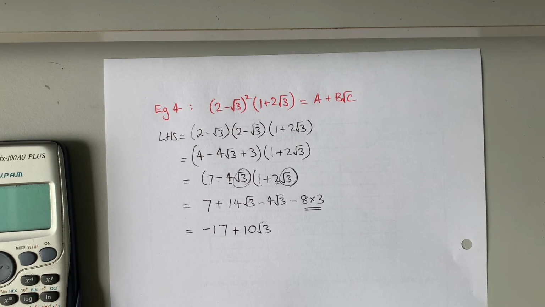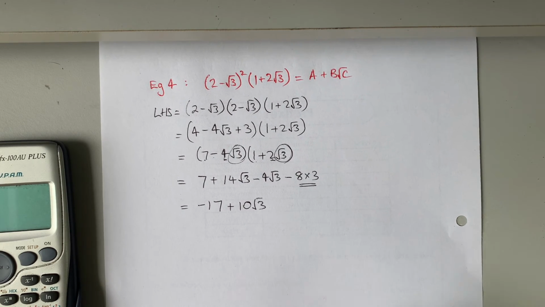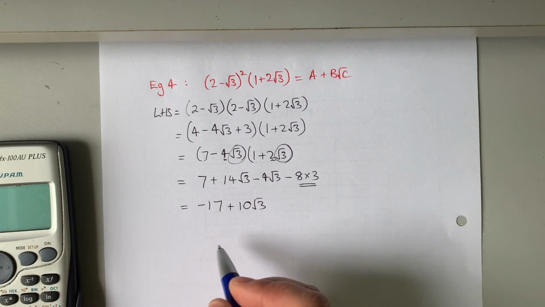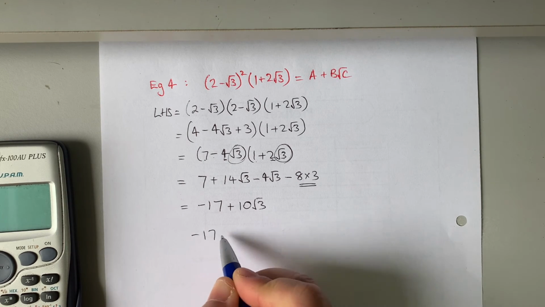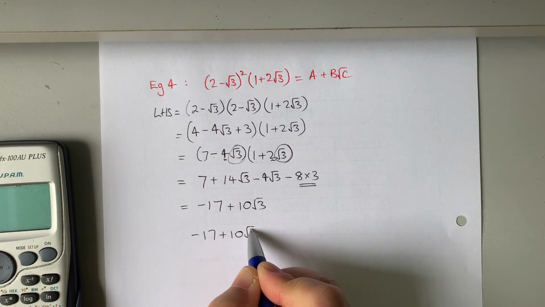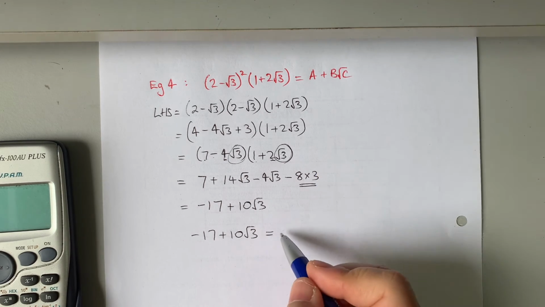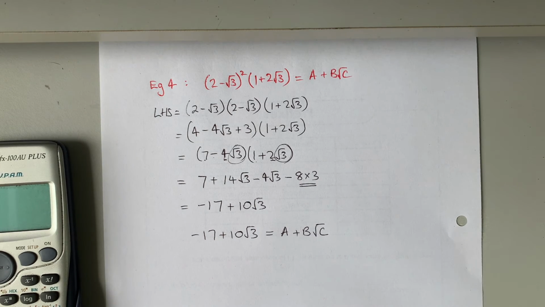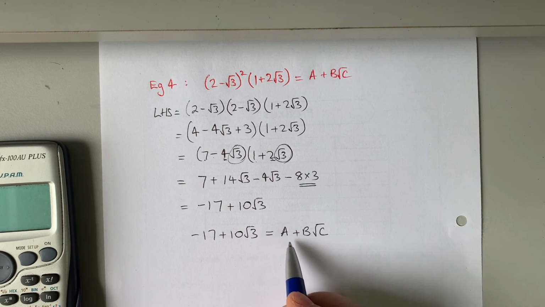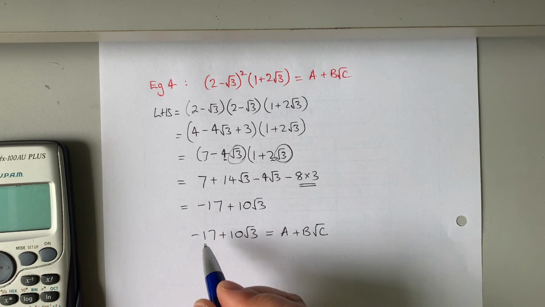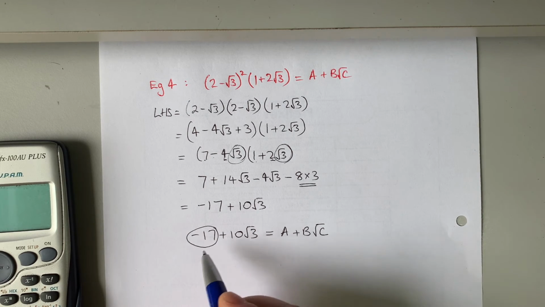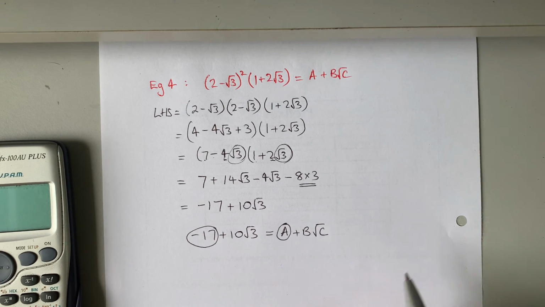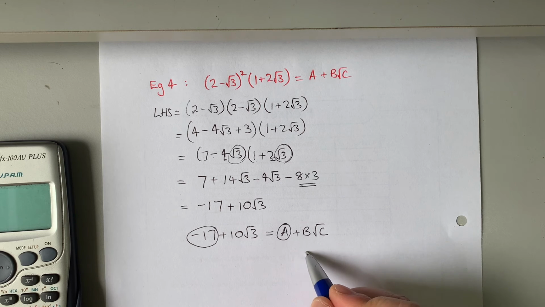Let's put that together. Now we've got, okay, so on the left hand side, we've got minus 17 plus 10 root 3 equals a plus b root c on the right. Okay, all we have to do now is equate the parts. So minus 17, the whole number bit, is equal to a.